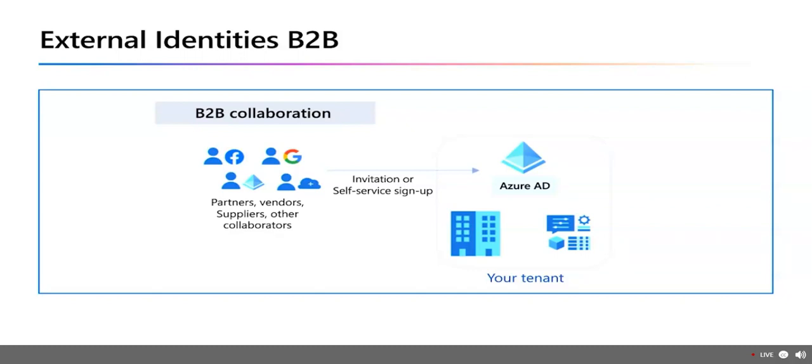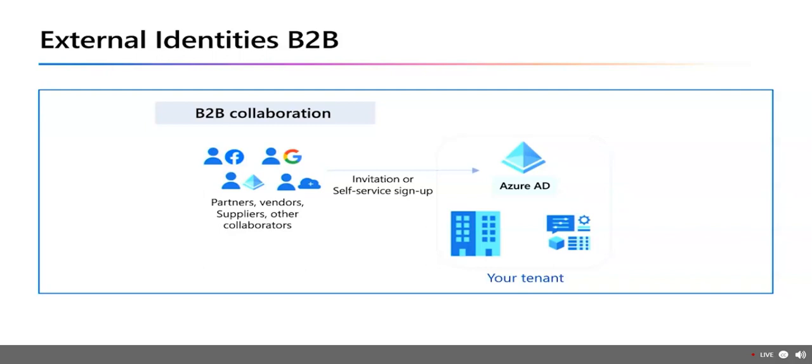With this, you can work safely and securely with external partners, large or small, even if they don't have Azure AD, even if they don't have an IT department. A simple invitation and redemption process lets partners use their own credentials to access your company's resources. You can also enable self-service sign-up user flows to let external users sign up for apps or resources themselves.